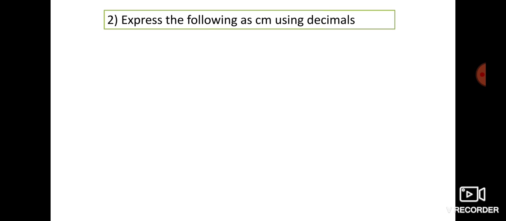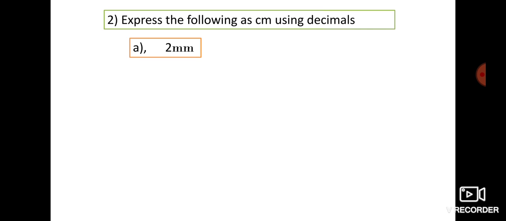Next, we have to study conversion to centimeter. Express the following as centimeter using decimal. Here you have some numbers given in millimeter. One example, a question: 2 millimeter. We know 1 centimeter is 10 millimeter. So, for converting millimeter to centimeter, we divide the given number by 10.